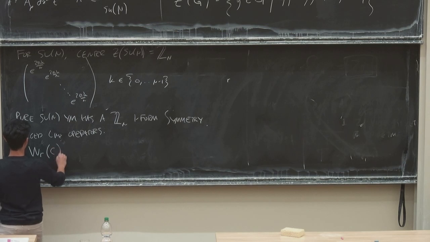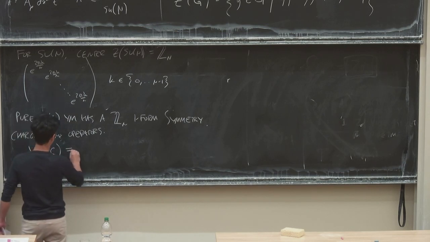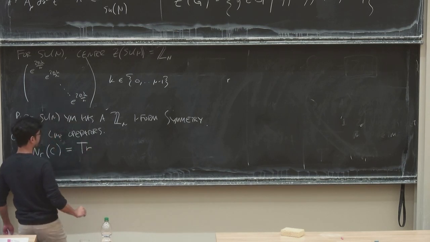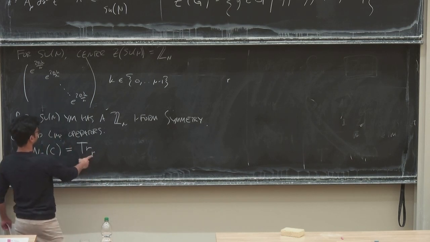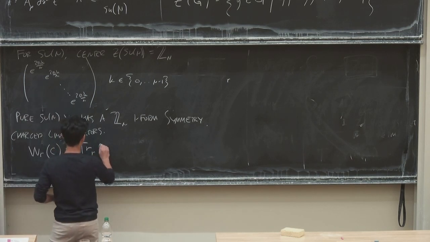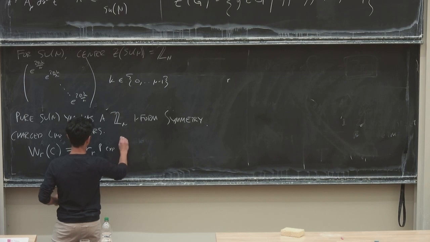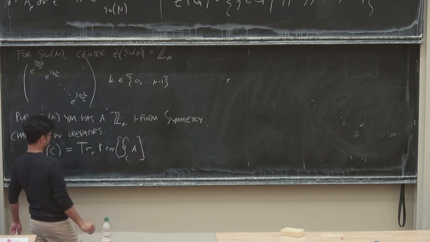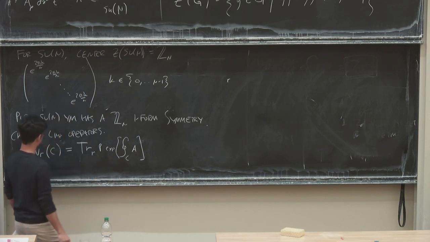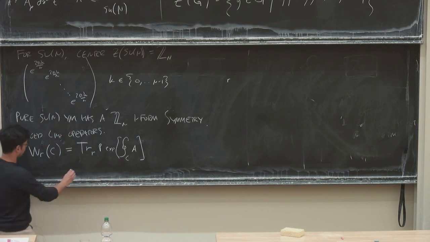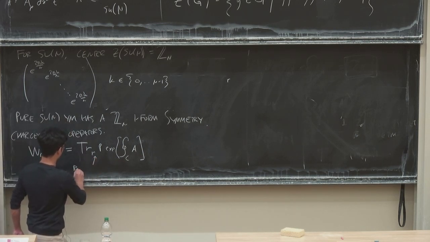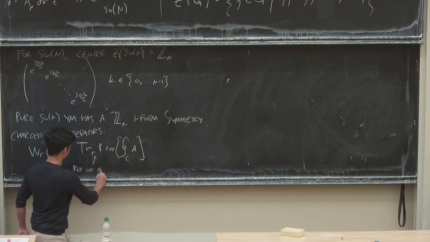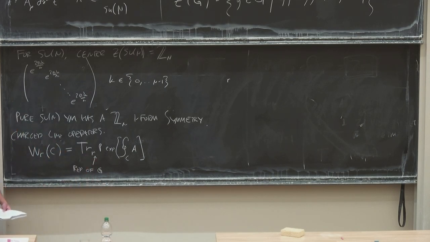A Wilson line in non-abelian gauge theory is defined by taking a trace over some representation of the gauge group of the path-ordered exponential of the integral of A over some closed loop C. Here R labels a representation of G. It can be defined for any R.